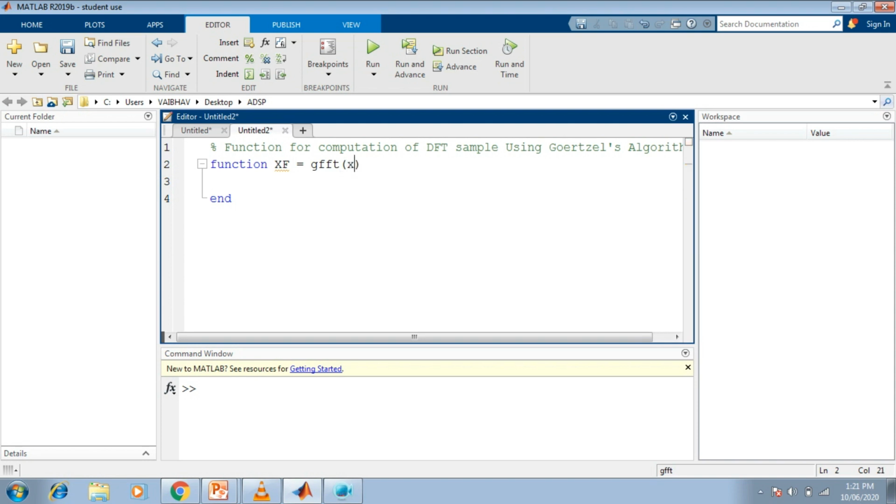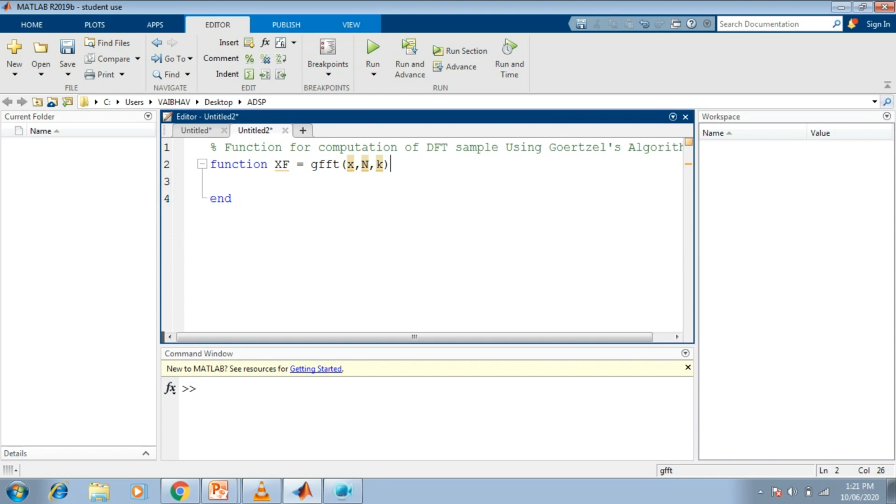These are the input arguments x comma capital N comma k. So x, the discrete time sequence, as usually we denote N for the N-point discrete Fourier transformation, k the index variable of such a transformation we make.